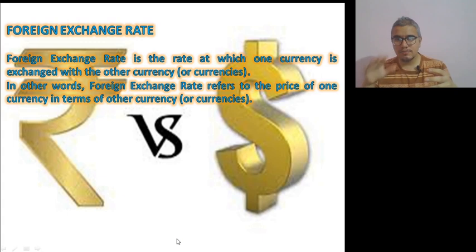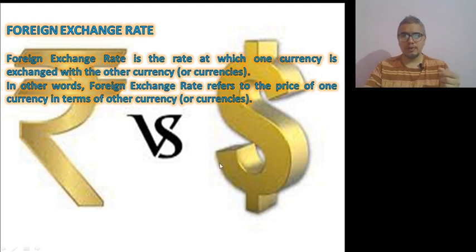It has a certain price, and that price will be in terms of the domestic currency, that is, Indian rupees. So how many Indian rupees do we have to give in order to get $1? That pricing is known as the foreign exchange rate. So the foreign exchange rate is simply defining one currency in terms of another currency.